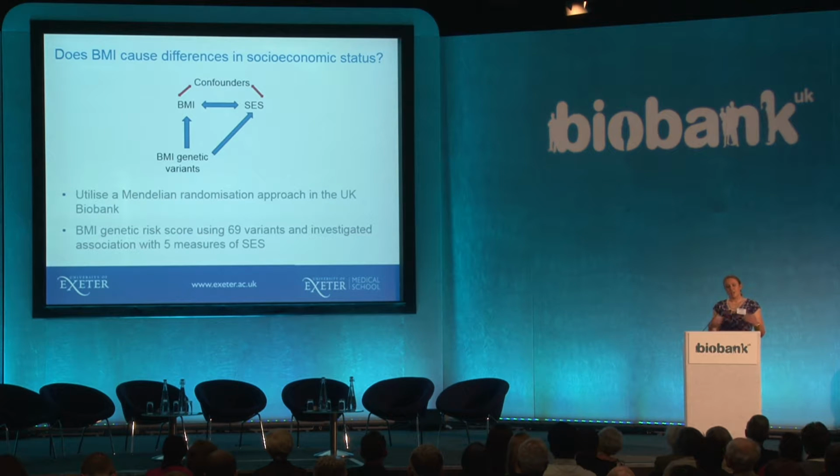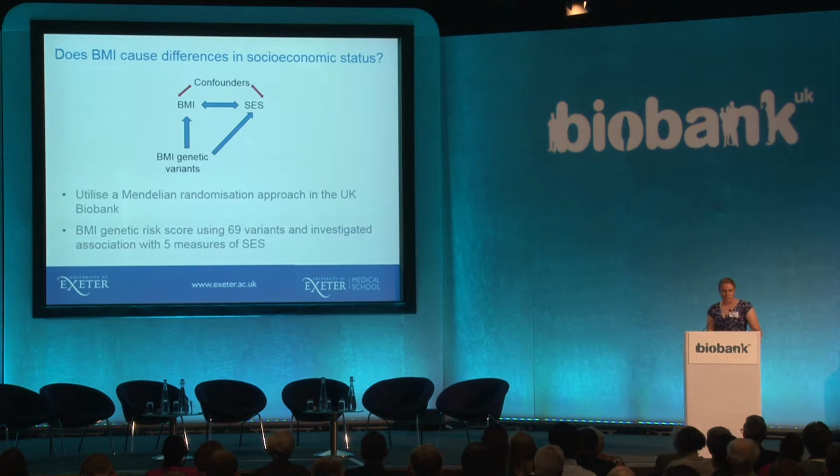Because your genetics are set at birth, we sort of randomize across all the various confounders. So we don't have to worry about confounding, and because we're starting with BMI genetic variants, we also don't have to worry about the inverse relationship. So we can look to see how our BMI genetic variants are associated with SES. And that's what we did in the Biobank.